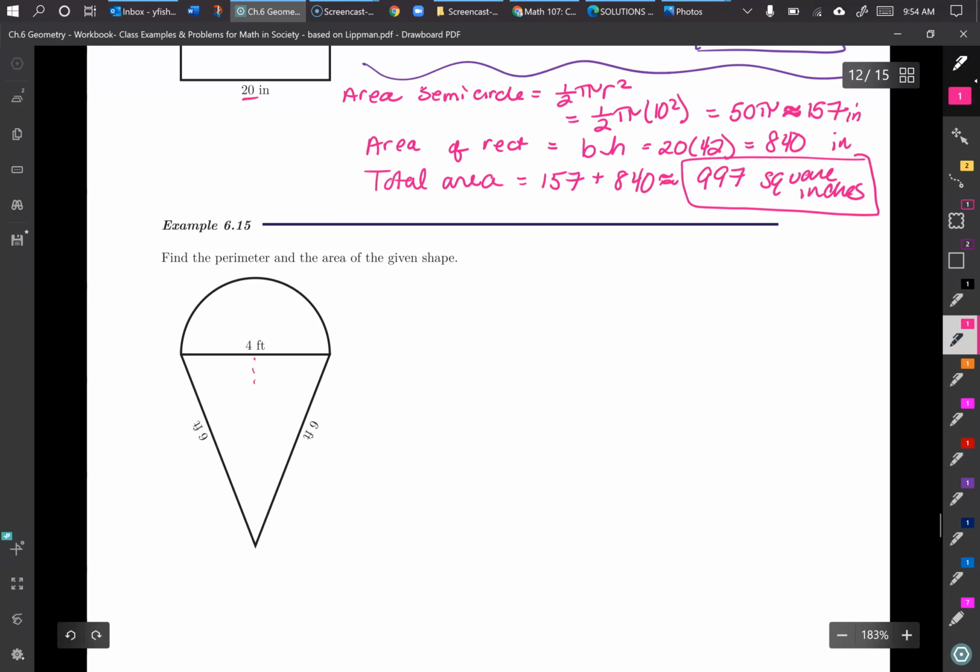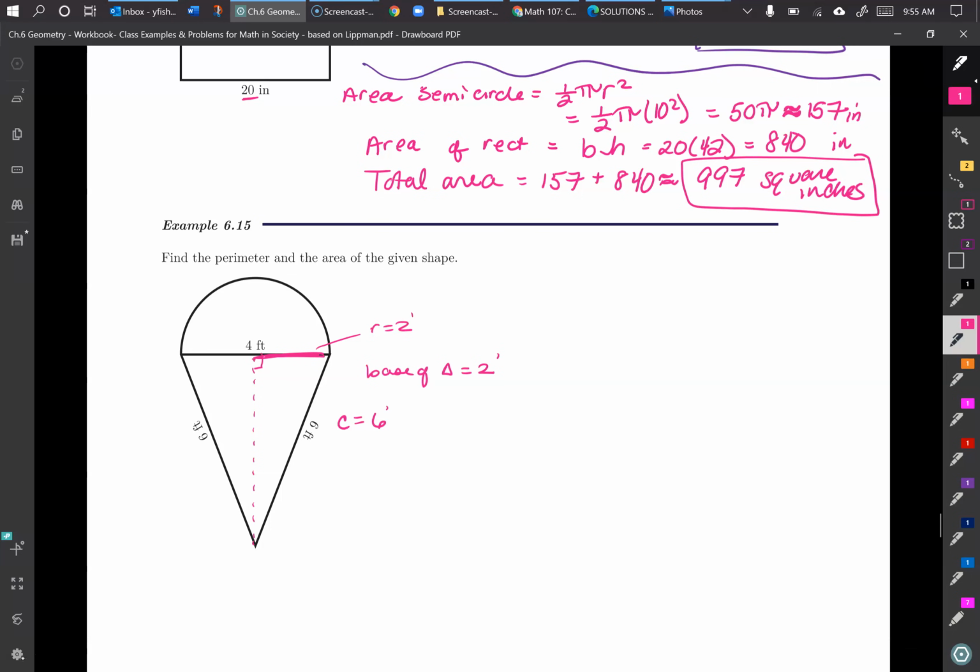I'll give you a hint here for this piece to find the height of the triangle. We're going to need to use the Pythagorean theorem, where the hypotenuse is going to be 6 and this radius here is 2, but also the base of the triangle equals 2, and that's in feet.